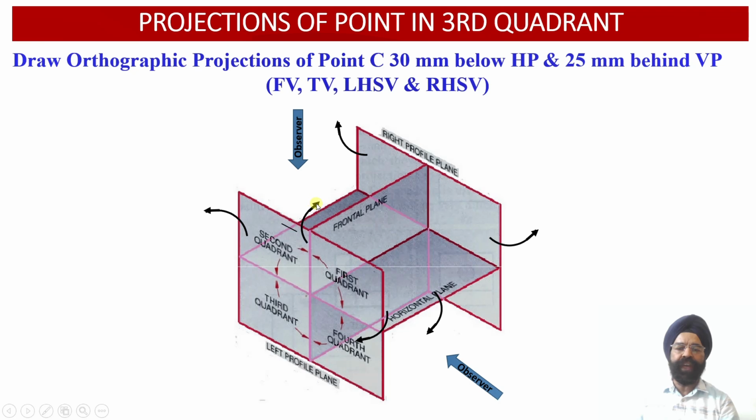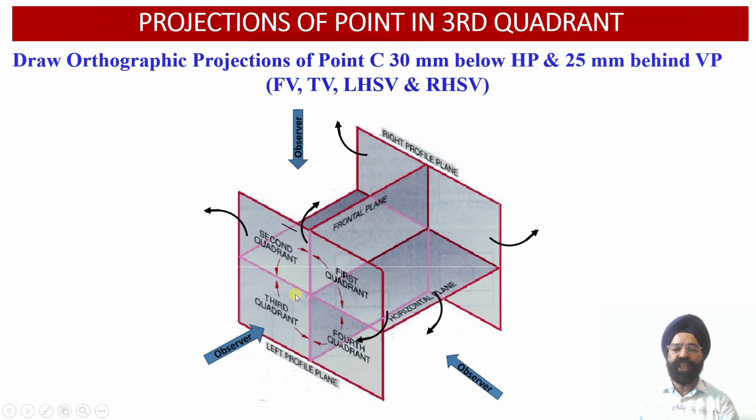So it will be moving in the upward direction. We are going to obtain the overlapping of this portion of the horizontal plane with this portion of the vertical plane which is lying above the XY reference line. Therefore, the top view orthographic projection of the point after rotation of this horizontal plane will be obtained above the XY reference line.